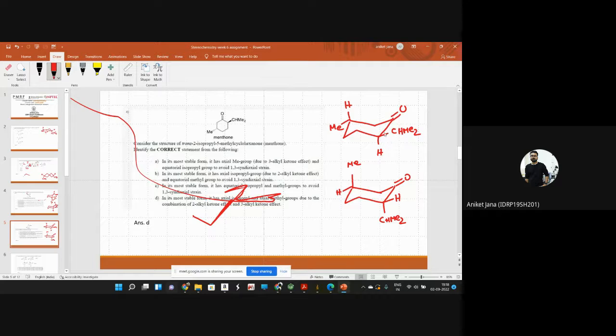Both the 2-alkyl ketone effect and the 3-alkyl ketone effect cooperate with each other to stabilize the diaxial. Here is a destabilizing structure. When a carbonyl group is there in the cyclohexane, the energy difference between the axial and the equatorial is decreased with respect to normal cyclohexane. This is called the 2-alkyl ketone effect.